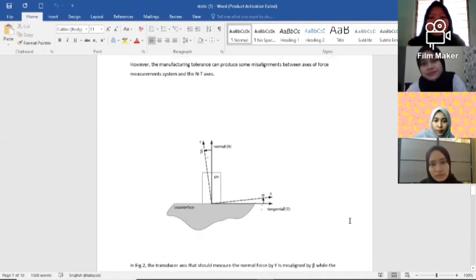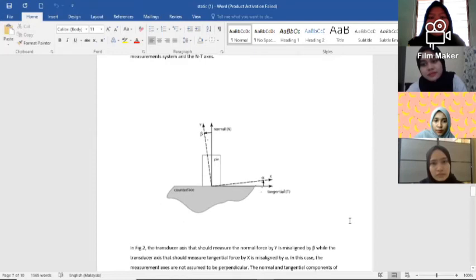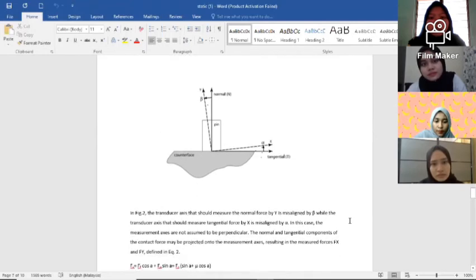However, the manufacturing tolerance can produce some misalignments between axes of the force measurement system and the contact axes. In figure 2, the transducer axis that should measure the normal force, y, is misaligned by beta, while the transducer axis that should measure the tangential force, x, is misaligned by alpha.